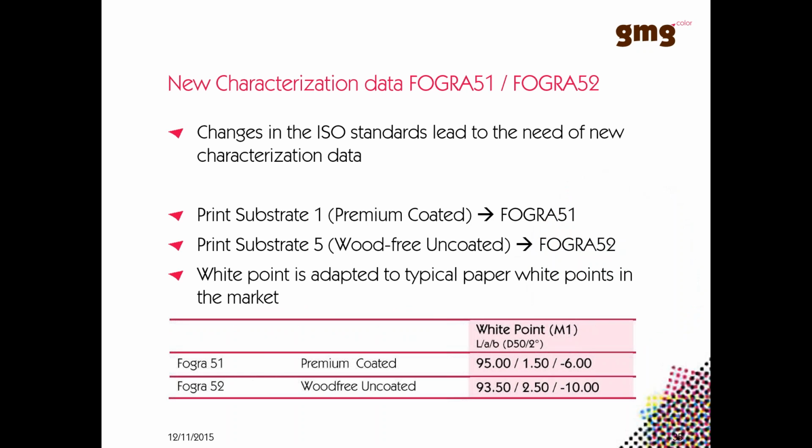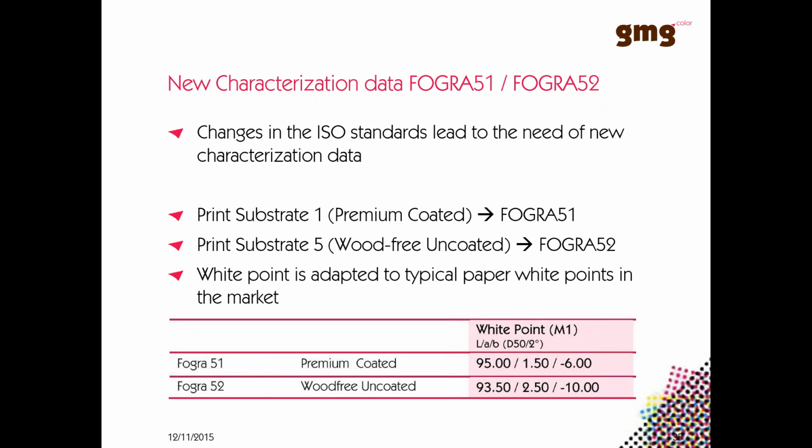Of course, all of the 8 printing conditions described in 12647-2 will have their characterization data sets, but the priority number 1 was seen to be premium coated and wood-free uncoated papers, which already today are basically some kind of standard for CMYK data handling. And these are the 2 where the M1 effect is the strongest. So the mismatch between yesterday's FOGRA39 proofs and a given production stock was just not accurate.